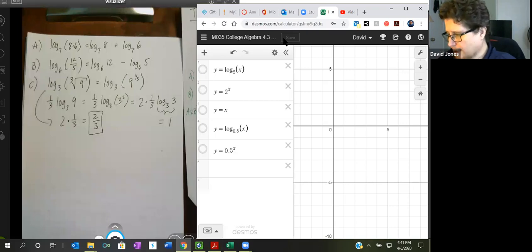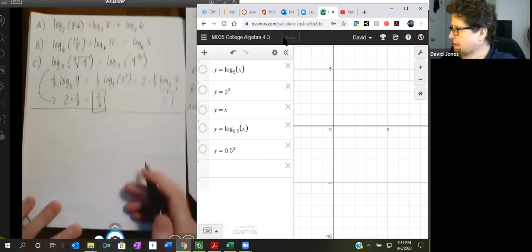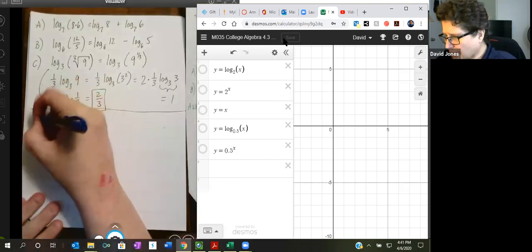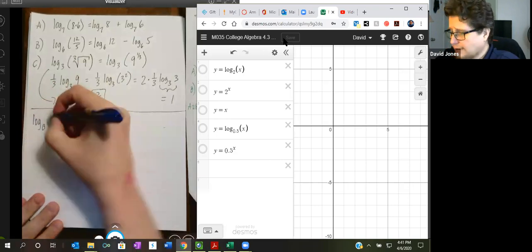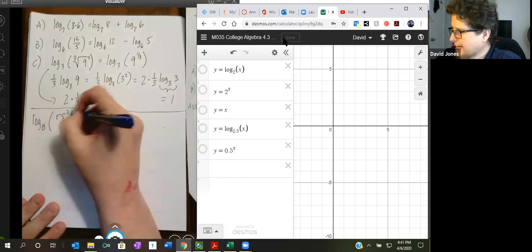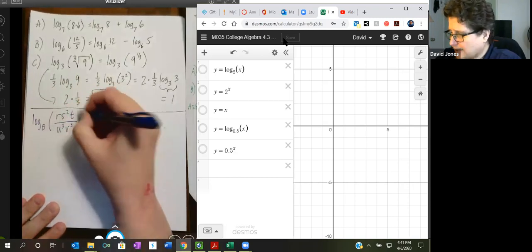Let's make a tricky one. So we're going to have log base b of r s squared t over u cubed v to the 5th.